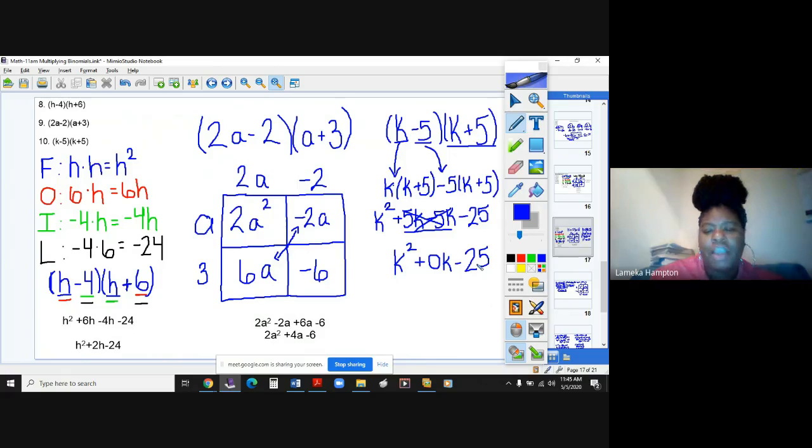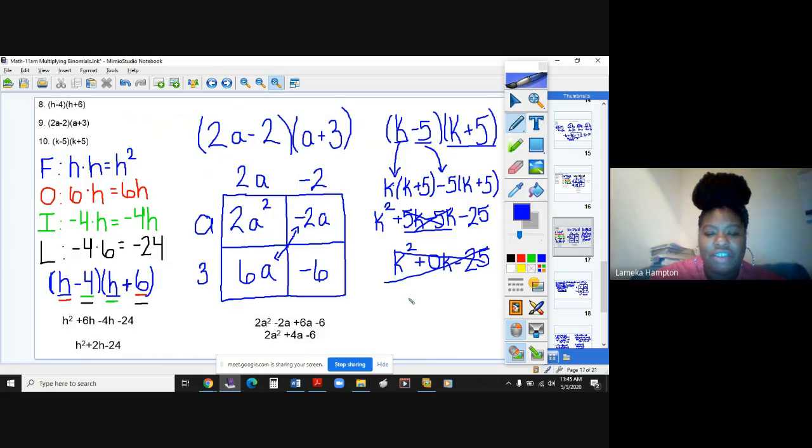Now, as a math teacher, I'm going to read this problem as k squared plus 0k equals minus 25. You do not need to put a 0 there. Okay, so just anytime you have your like terms that cancel out in the middle, you do not need to put this. This is actually written incorrect anyway.